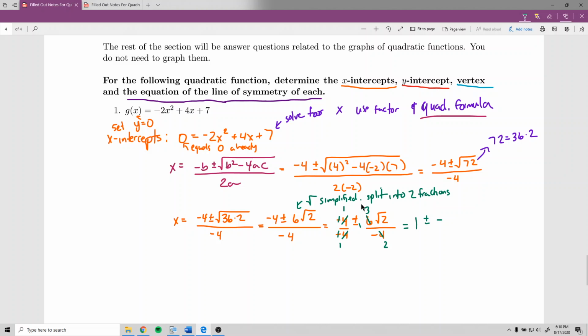If you'd like to move the negative up front or up top, go ahead. 3 square root of 2 over 4, over 2. And then finally, each fraction is simplified. Now split up the plus and minus.